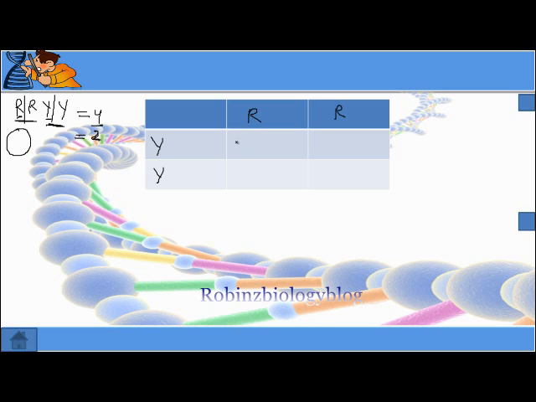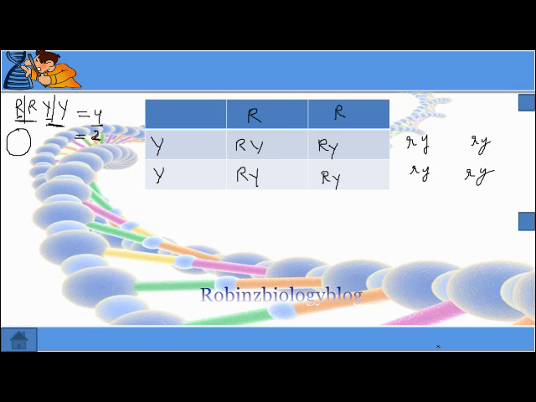So this R comes from here and Y. So these are the possible combinations that we can get in the gametes, right? Similarly, for the one which is wrinkled and green, the combination of gametes would be like this. There is no other combination which is possible.